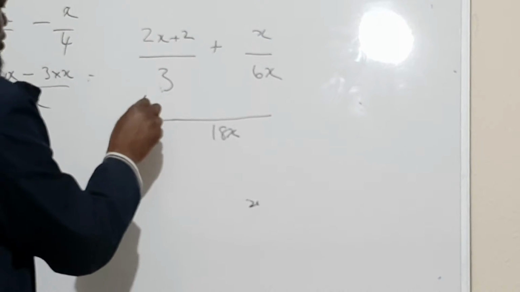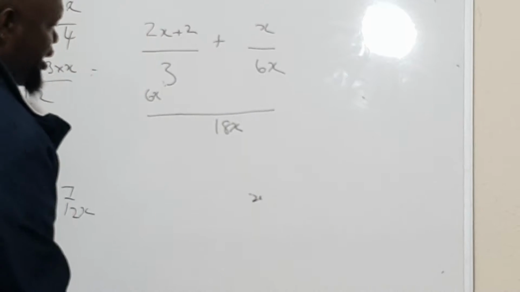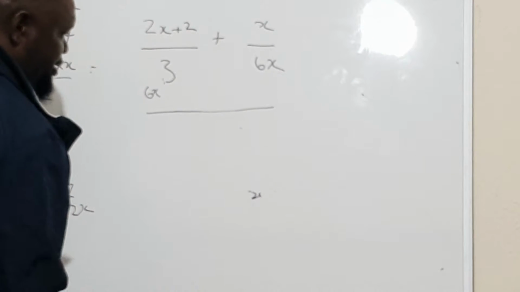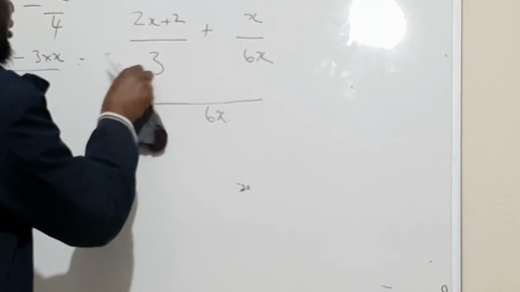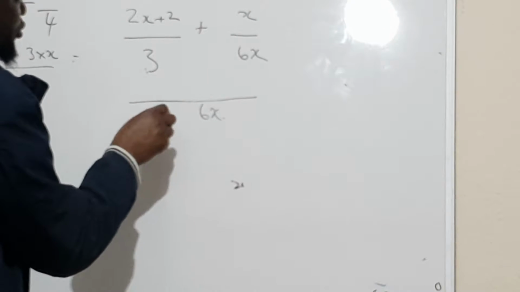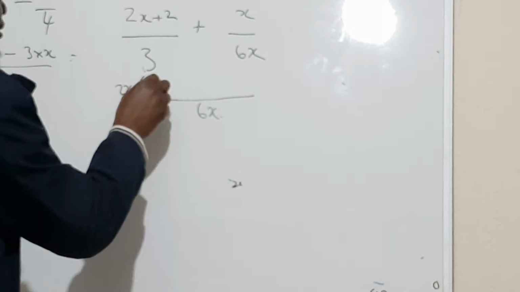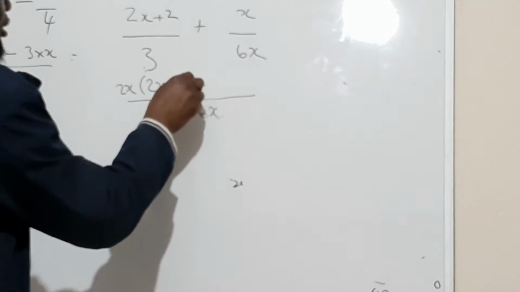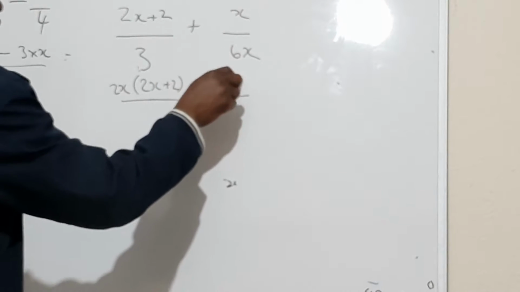Sorry, they can both go to 6x. So 3 into that will be how many x? 2x. 2x times all that. This will go how many times? 1. x times 1.